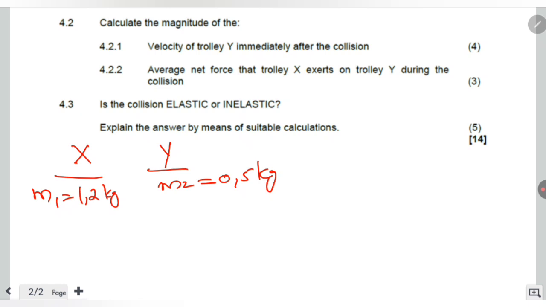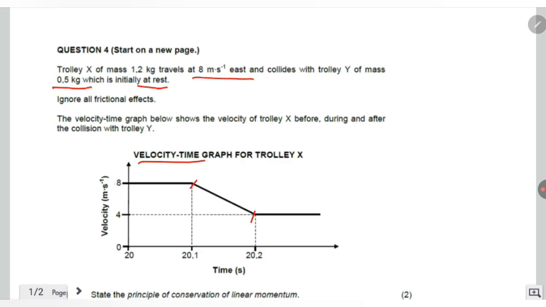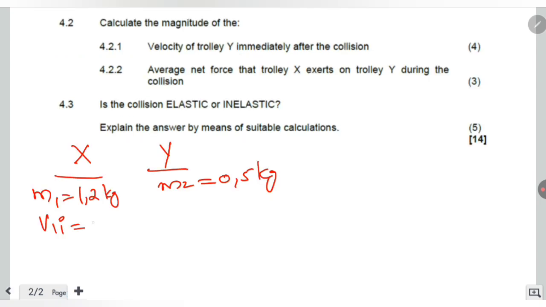From the graph, you can read the initial and final velocity of X. Initial velocity of X is 8 meters per second and final velocity V1 final is equal to 4 meters per second, moving to the east. Then for Y, initial velocity of Y is 0 because it is at rest.